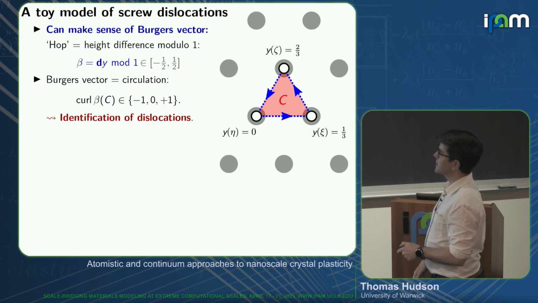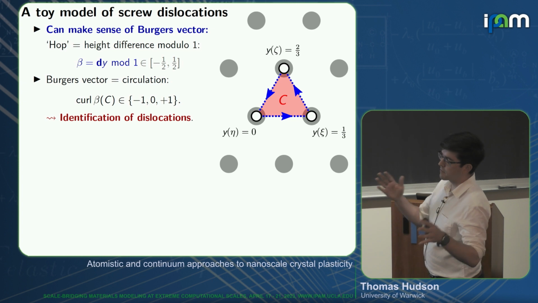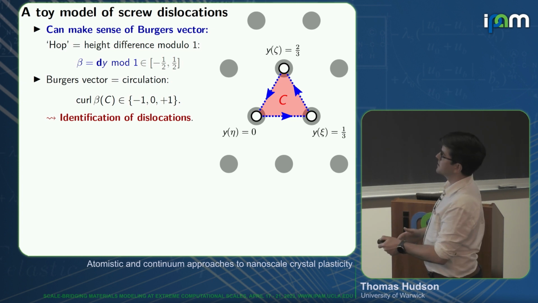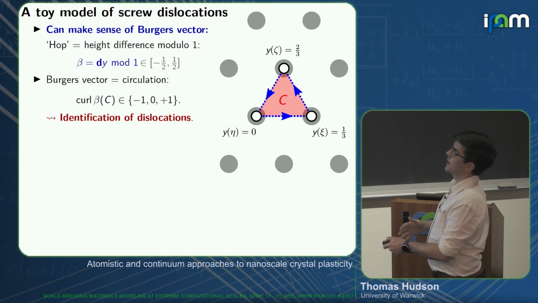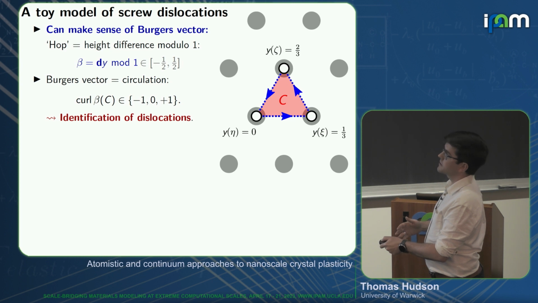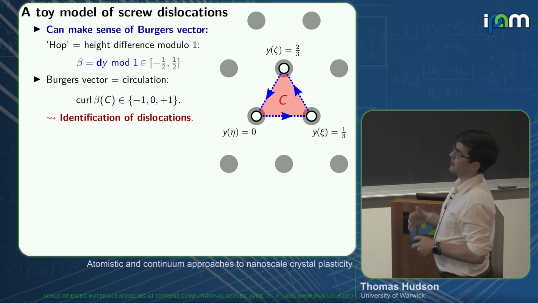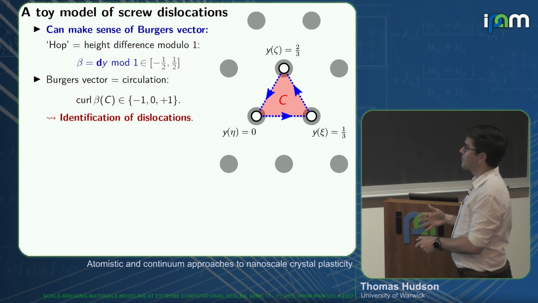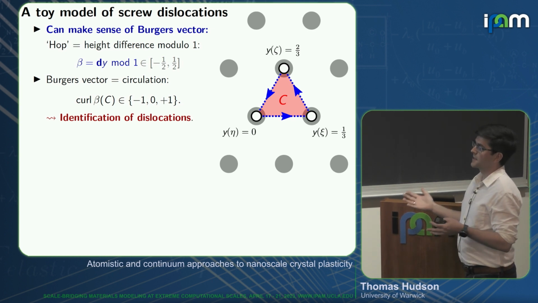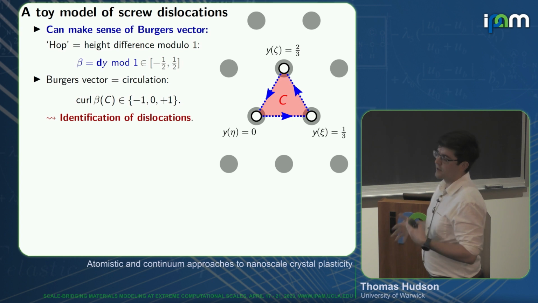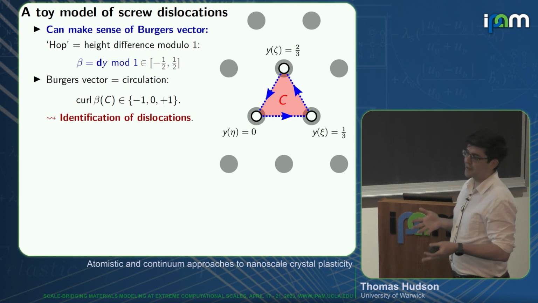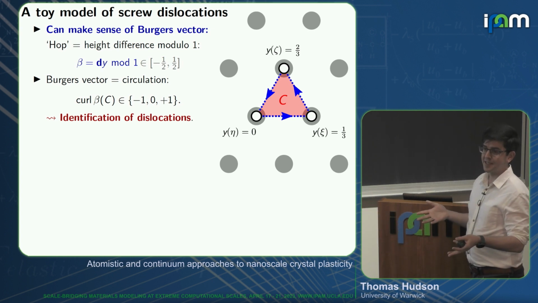That allows me to say, if you give me a height displacement y, I can construct these dy's, I can find the betas, and then I can sum around each of these cells and say, is there a dislocation here or not? So this is actually very similar to what is done in DXA.